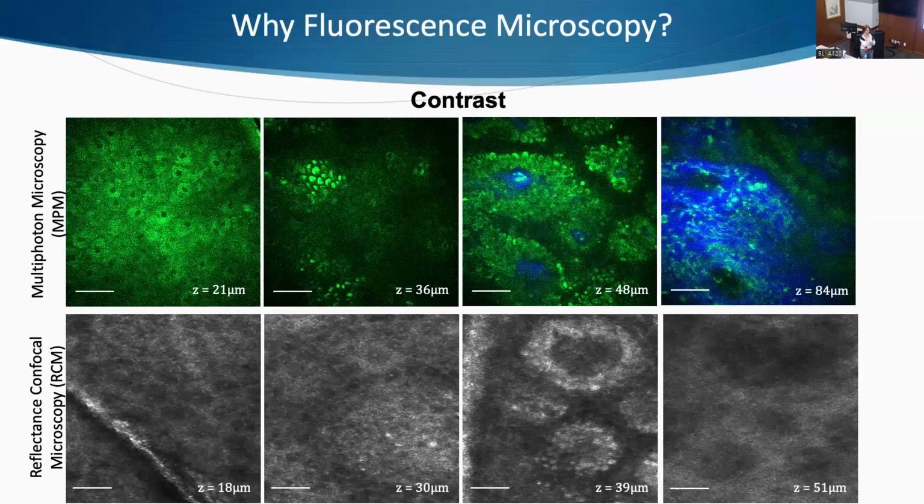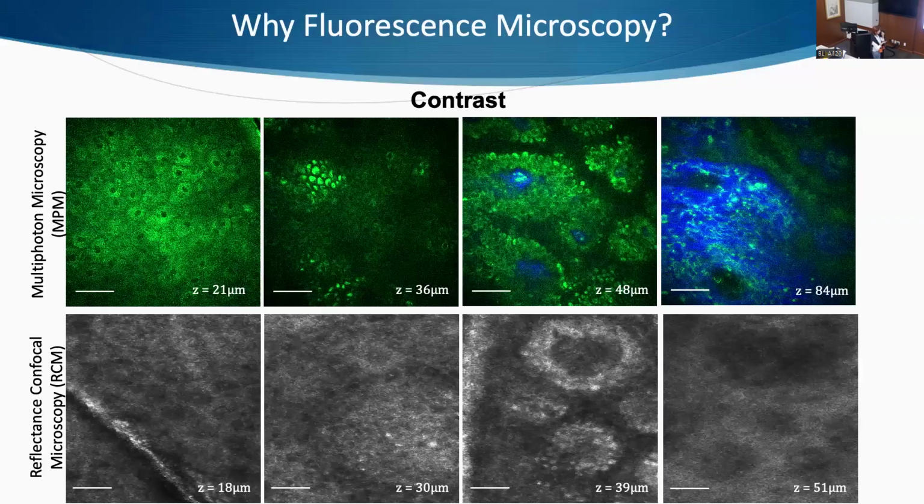It's a good way to capture the skin morphology. You can get some cellular resolution there, but there is not much contrast. We get these grayscale images. So the analysis and the interpretation is quite limited.